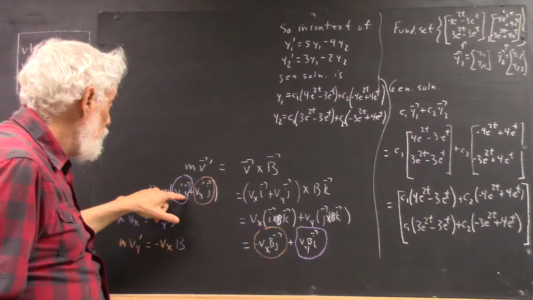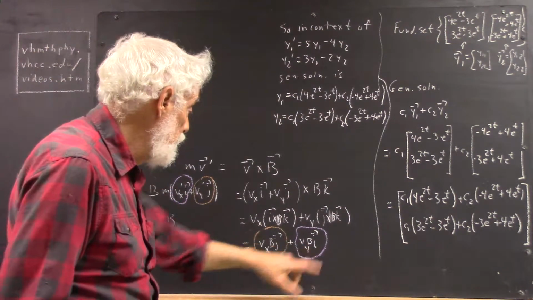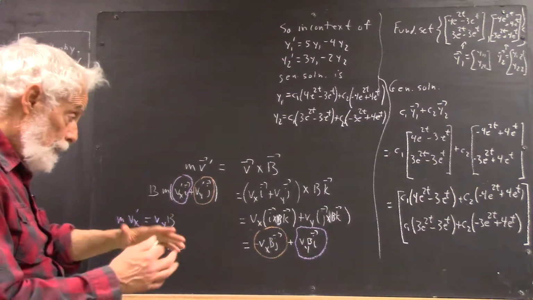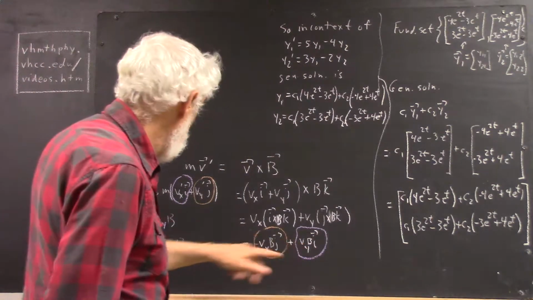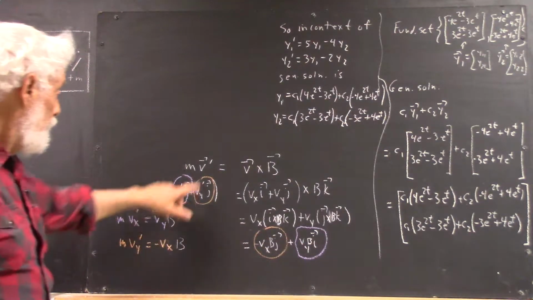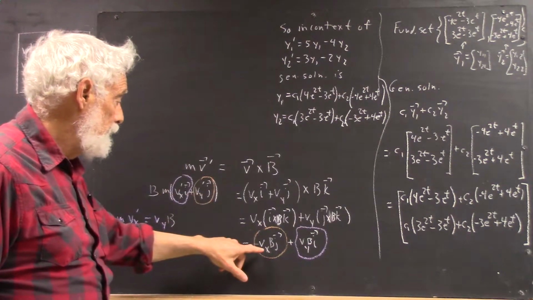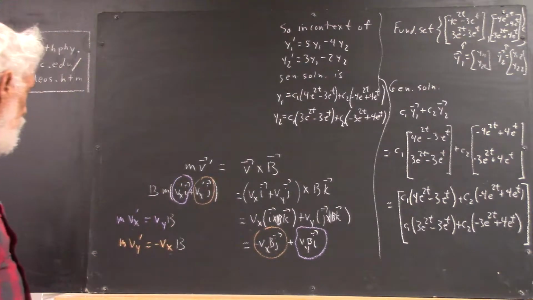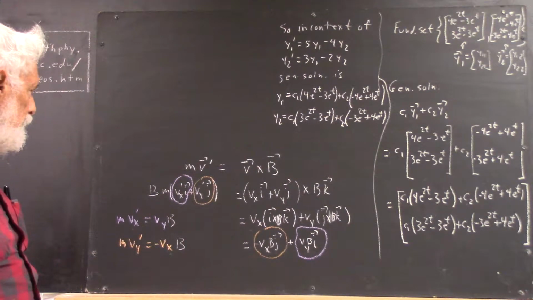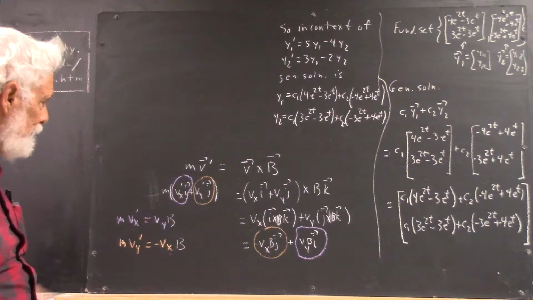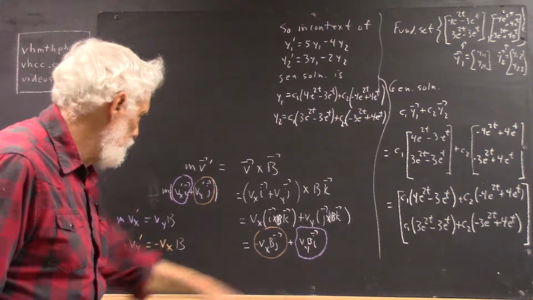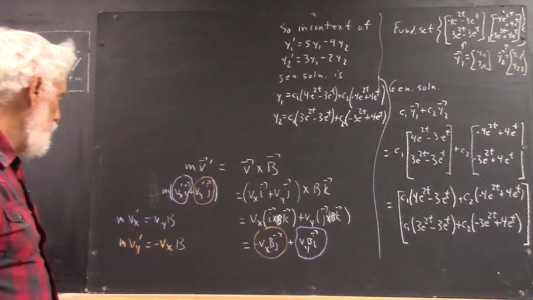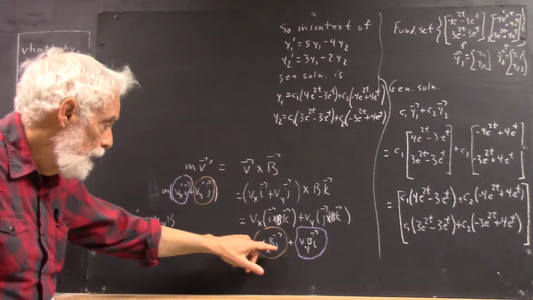Well, my i component here has to equal my i component down here, which means that M times Vx prime, if you look at it carefully, has to equal Vy times B. And then the M Vy prime j has to equal the negative Vx B times j.